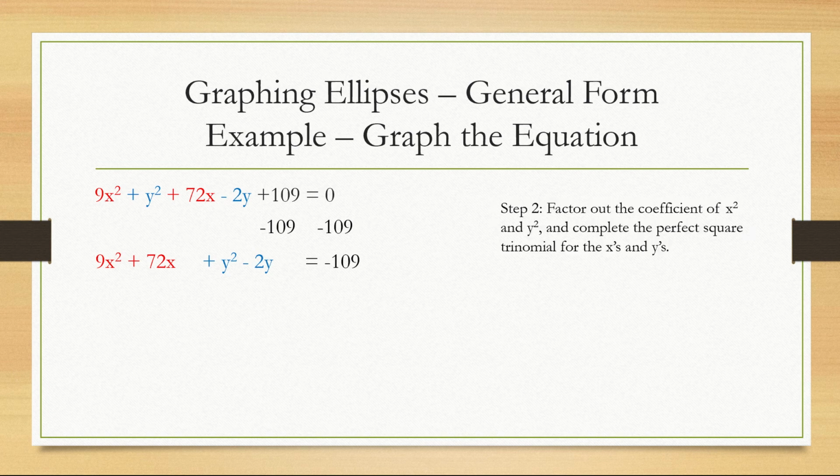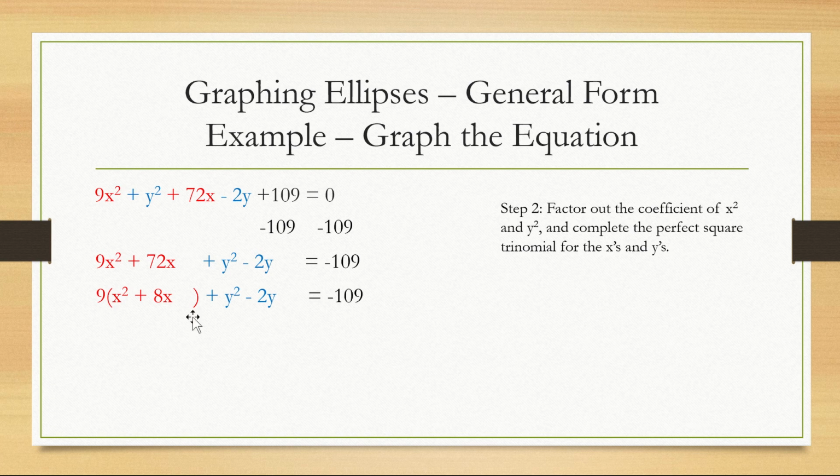Then step two is, because the coefficient of x squared is not 1 right here, we want to factor it out. Because in order to complete the square, the coefficient of x squared and y squared needs to be 1. So we're going to go ahead and factor out this coefficient of x squared from the two x terms, so that it looks like this.